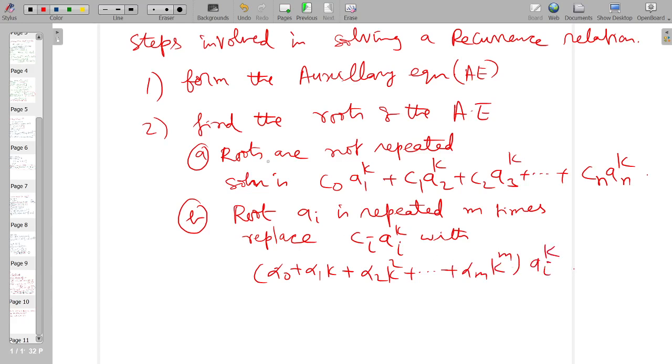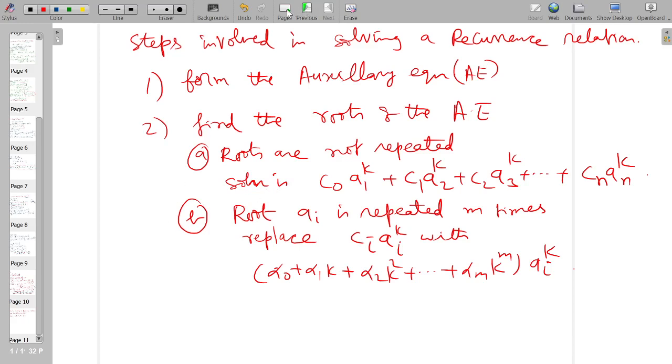So these are the two forms of the solution when you consider the homogeneous recurrence relation.